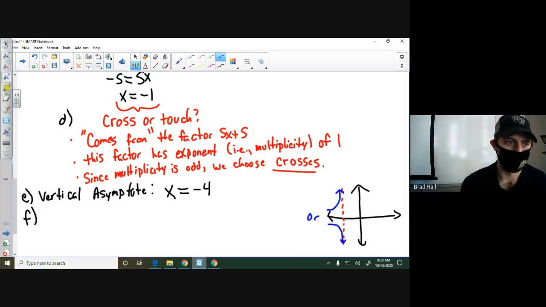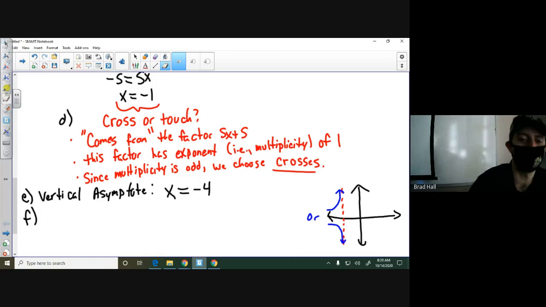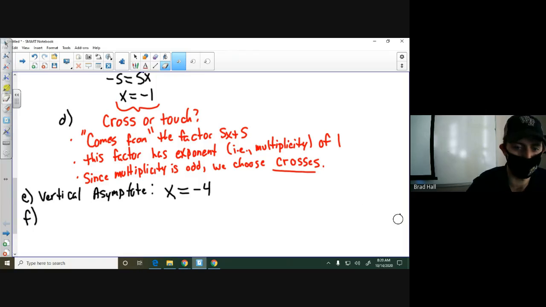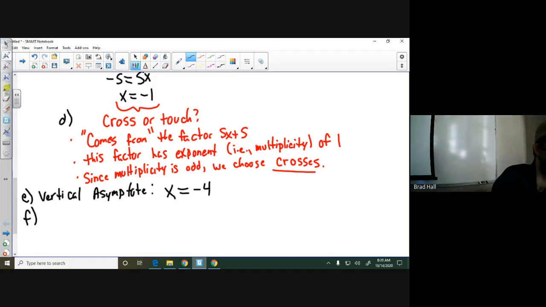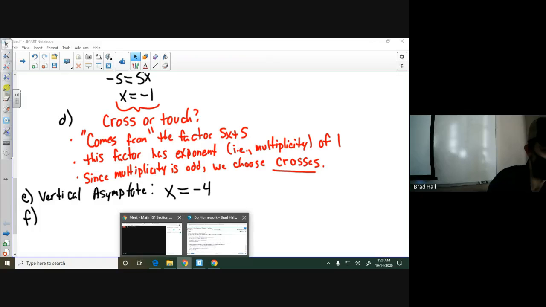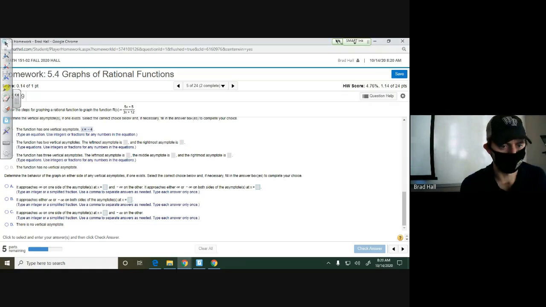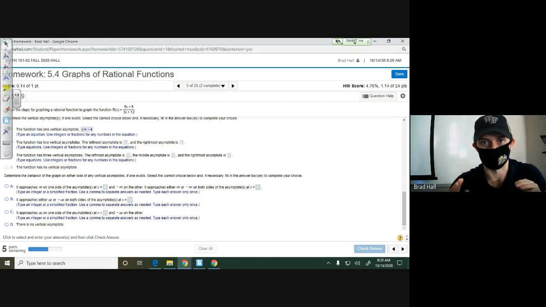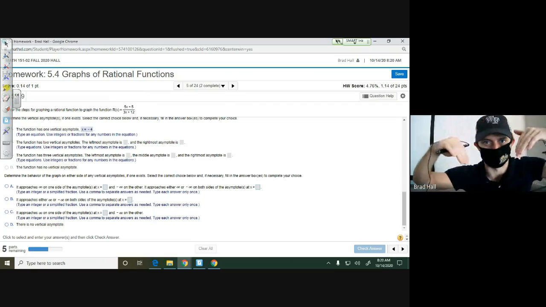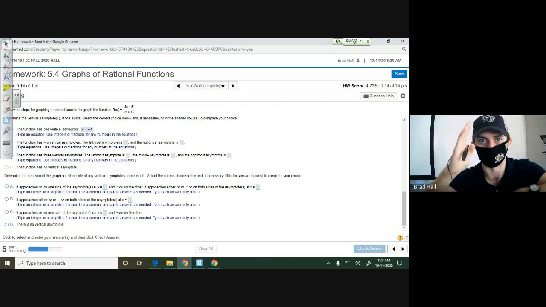There might be a few different ways of determining this. It's asking what's happening on both sides of this asymptote, the left side and the right side. Do they both go upwards? Do they both go downwards? Or do they alternate?